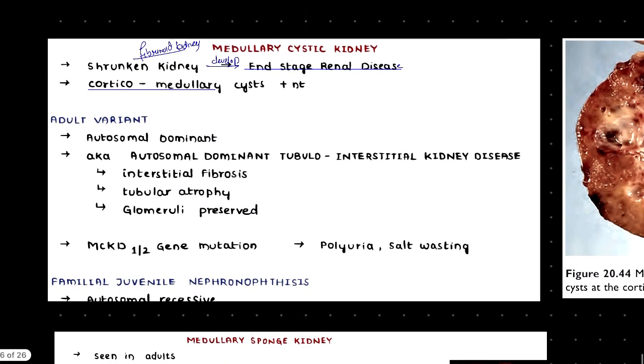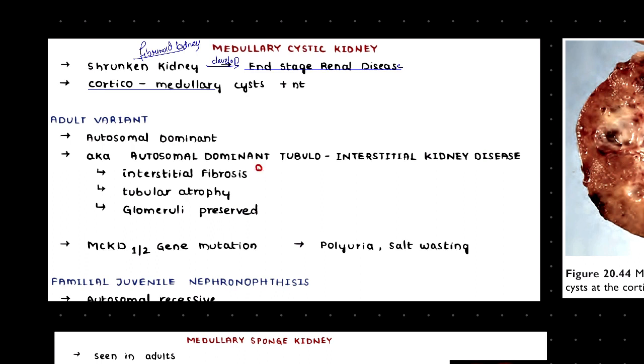How is it involved? There will be interstitial fibrosis, deposition of fibrous tissue in our interstitium, and similarly there will be tubular atrophy. These two together are what we call tubulointerstitial.